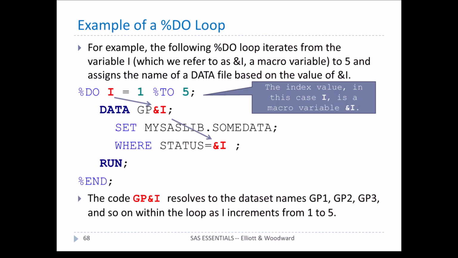So here if I say data GP&I, that resolves to GP1, and then GP2, GP3, GP4, GP5. So that's one use of the I. And then I also have it in a where statement, where status equal &I. In this case, the first time through it's 1, and then 2. So you can see how I can use that new macro variable I within the code in this do loop.